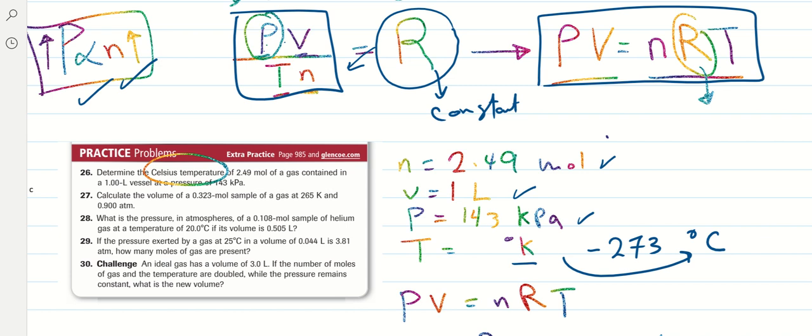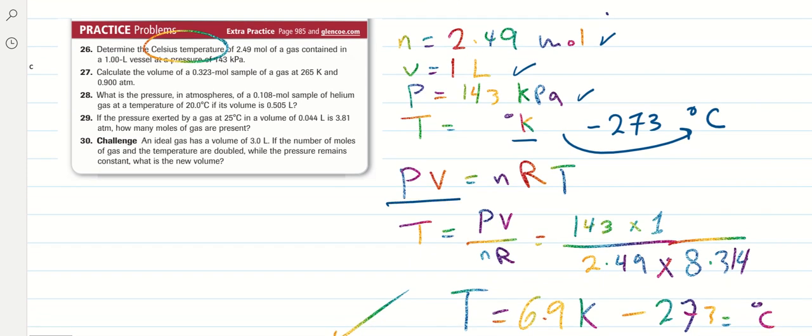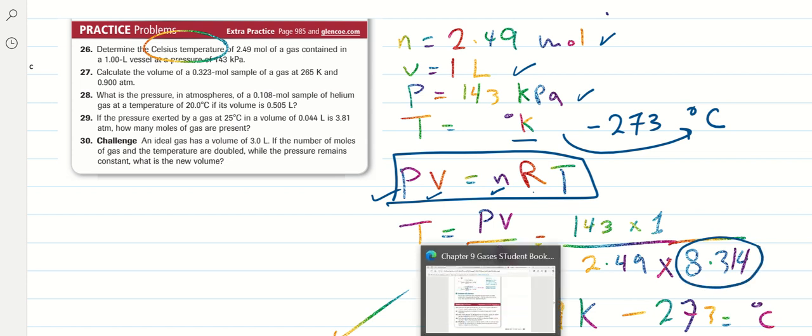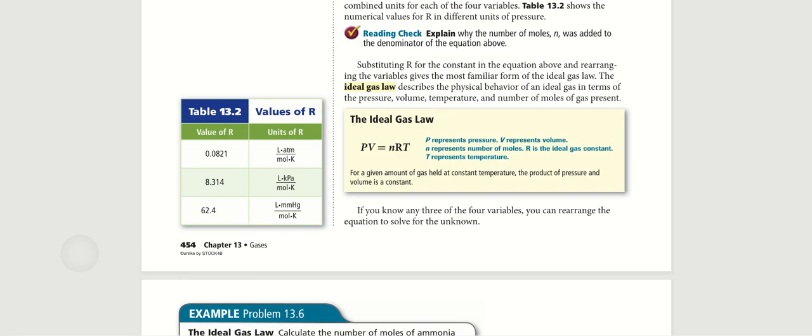I'm going to use the simple formula for the ideal gas law. This is the ideal gas law. I have P, I have V, I have n. R I got from the table, and I'm going to use 8.314. Why 8.314? Because they gave the pressure in kilopascal. So this is the unit they gave me in the question.